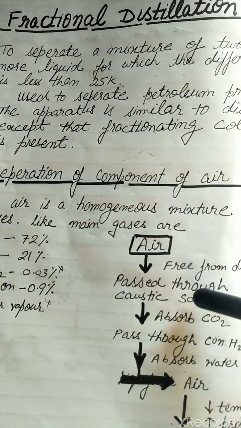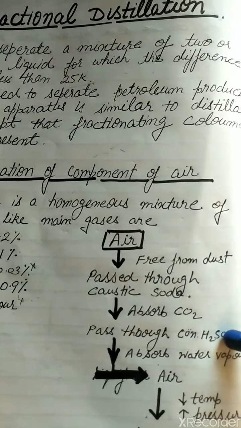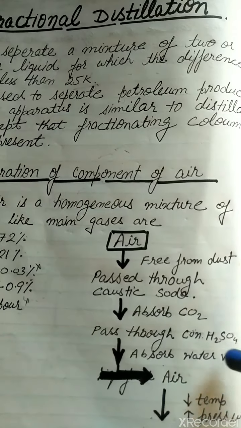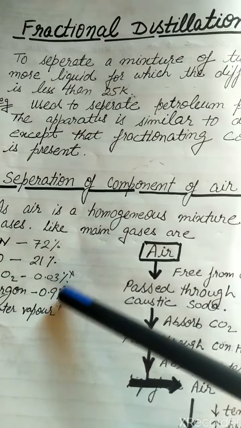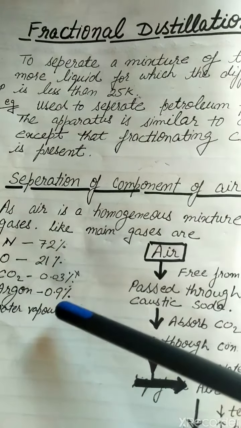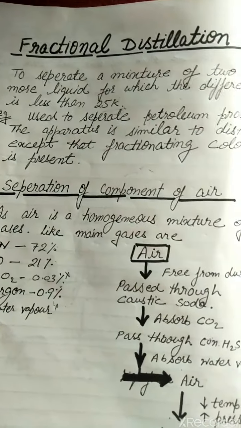After that we pass the air through concentrated H2SO4. H2SO4 absorbs water vapor. So two components are now absorbed, carbon dioxide and water vapor, which are very less in quantity. Now our next step is that we liquefy the air.